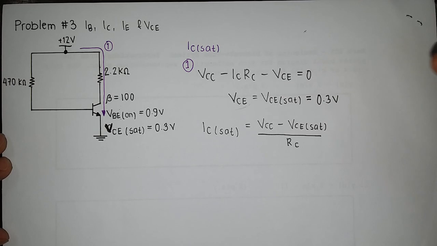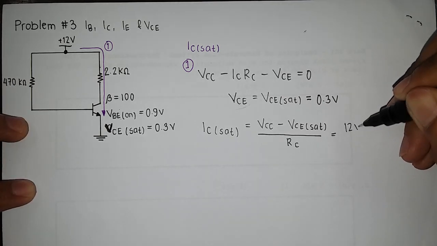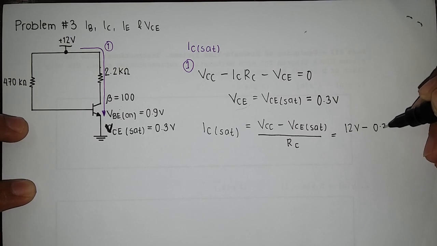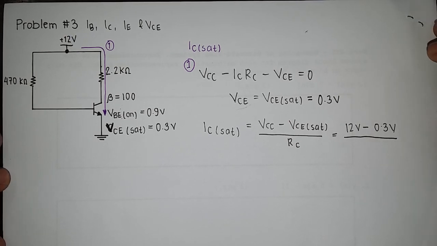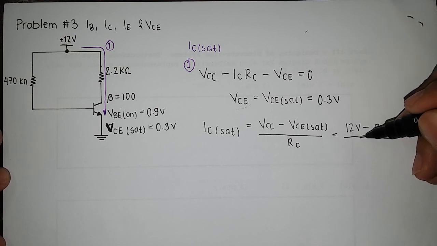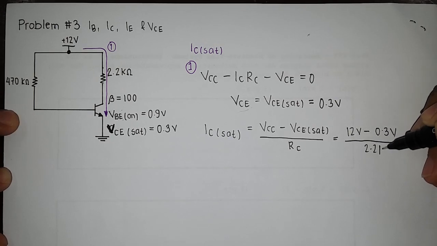And by substituting the values, makukuha natin VCC, okay? So 12 volts siya minus VCE sat na 0.3 volts divided by RC, that is equal to 2.2 kilo ohms.